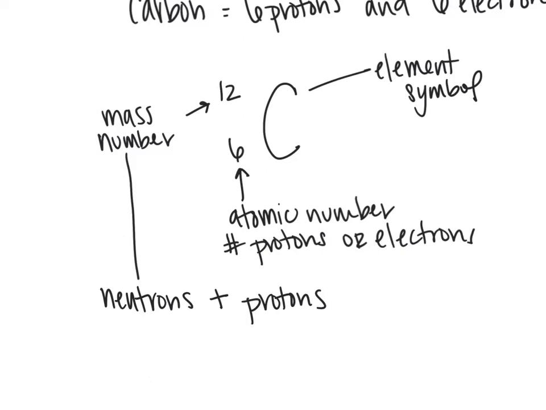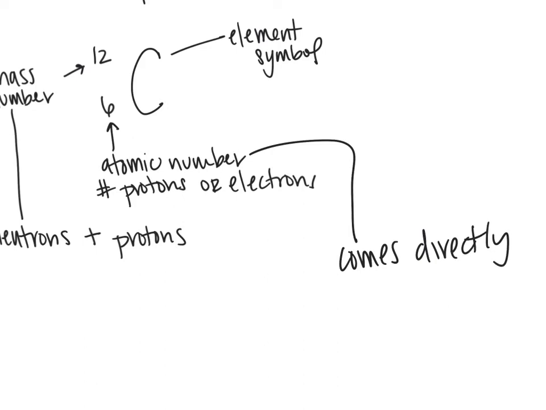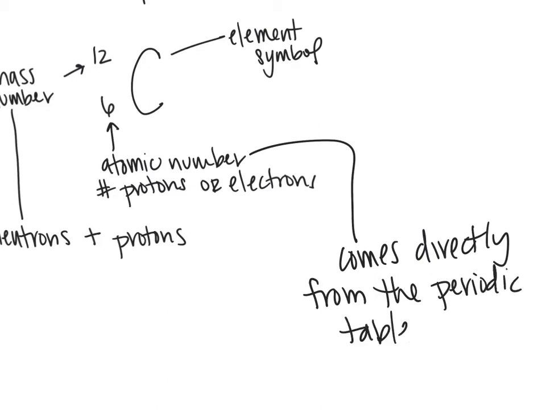A lot of times we actually leave the atomic number off because the atomic number comes directly from the periodic table. If it already comes from the periodic table and it's the same, we don't necessarily need it.